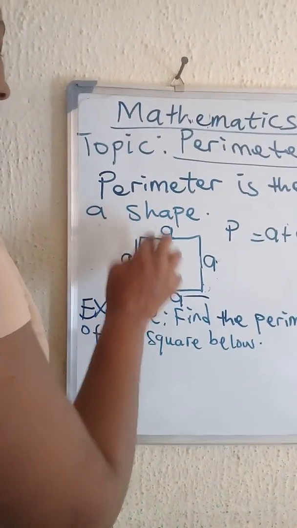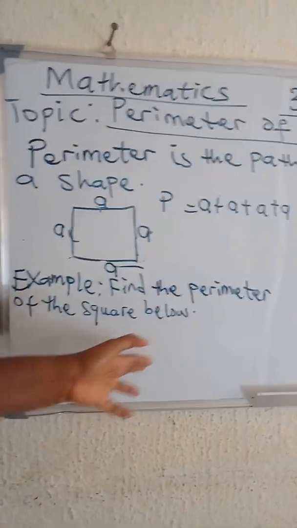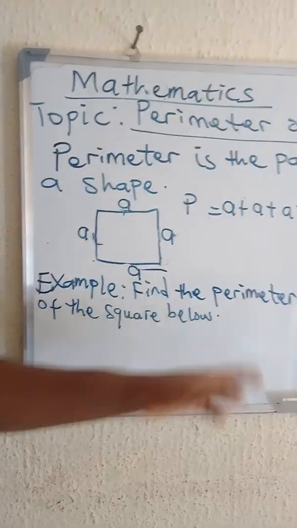Now let's do an example. Example 1. Find the perimeter of the square below.